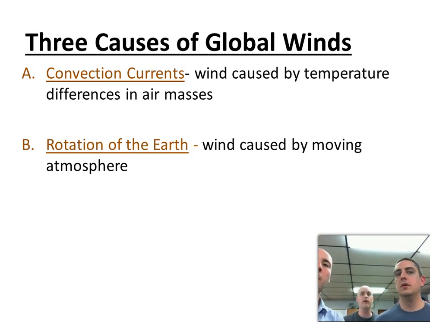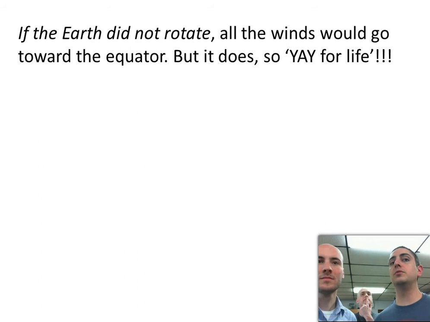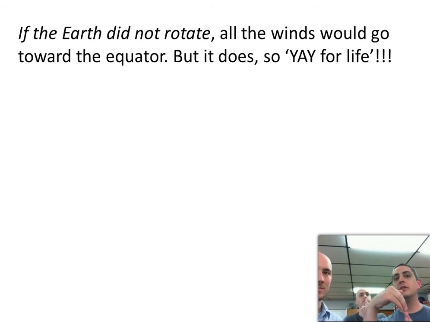Now, we also have the rotation of the Earth. The Earth is spinning about 1,000 miles an hour, and wind is caused by that moving atmosphere, because the atmosphere is particles, it's air and gases and some solids, and it moves, and it causes wind. If the Earth didn't rotate, all the winds would go directly towards the equator. But does it?